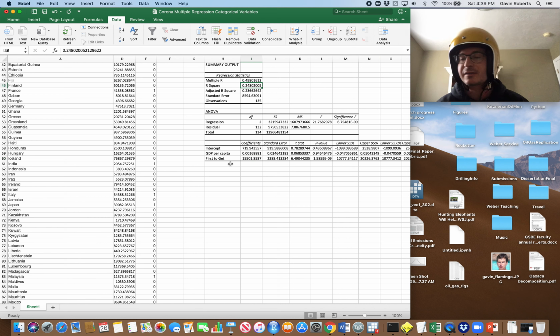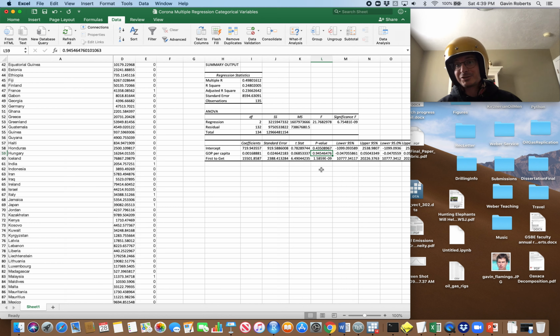This model with GDP per capita and this first to get variable explains 25% of the variation in coronavirus cases across countries. Now, if you think about it, at first I said that's kind of small, but actually that seems pretty substantial when you consider that one of our variables is not statistically significant, as we saw before.